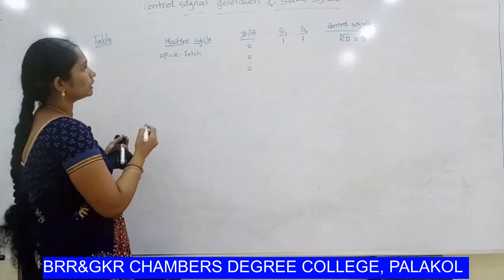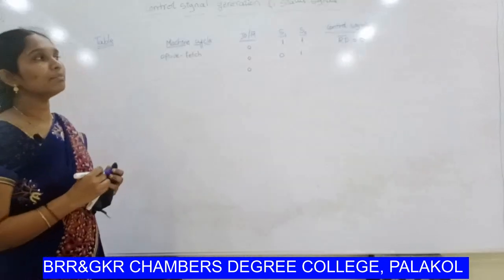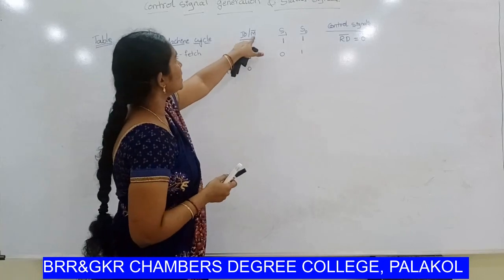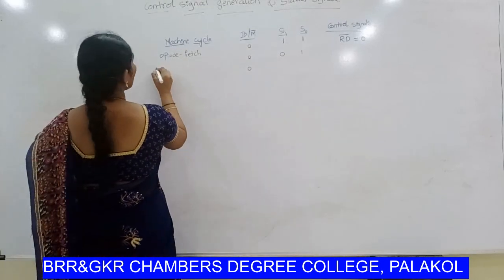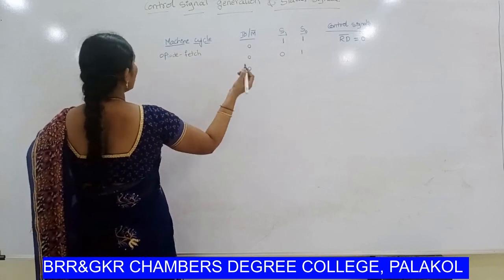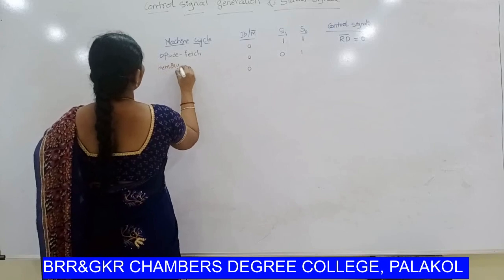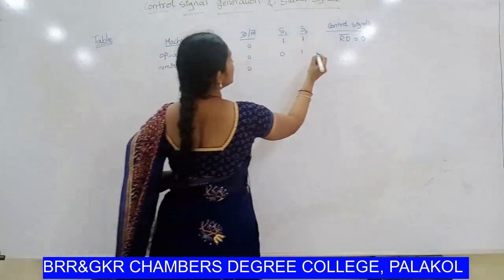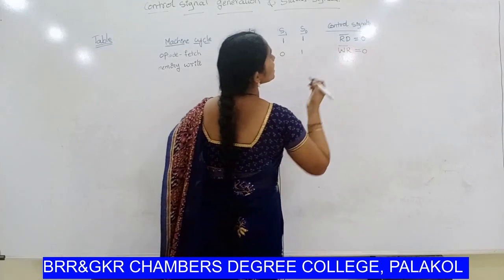Okay, and after that 0 1. So 0 1 is nothing but it will perform the write operation. Here the 1 is nothing but memory, so it will perform the memory write operation. That means WR bar is equal to 0.